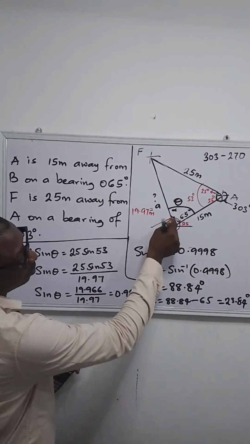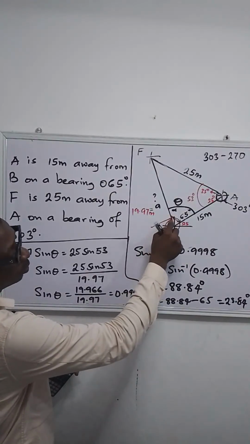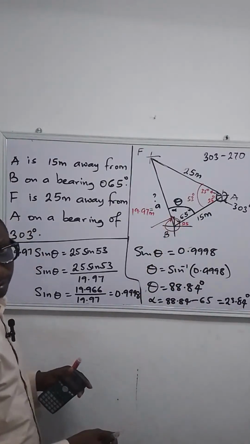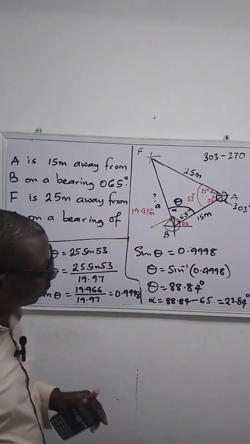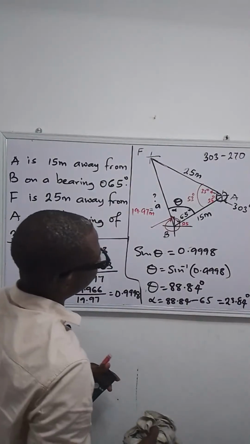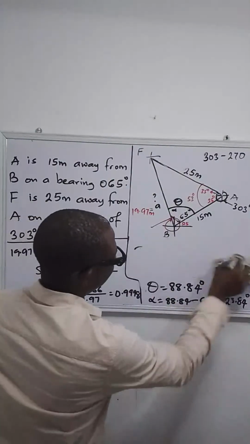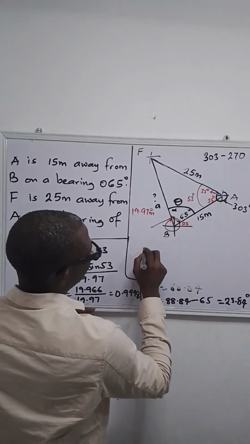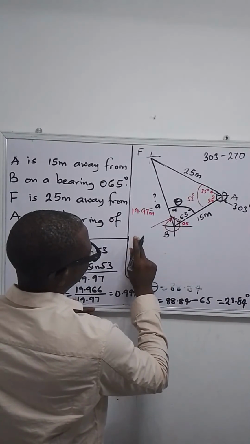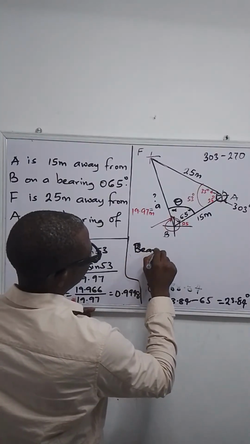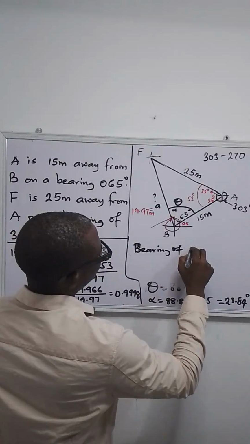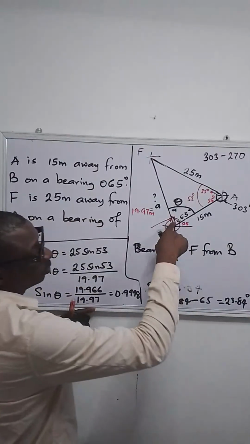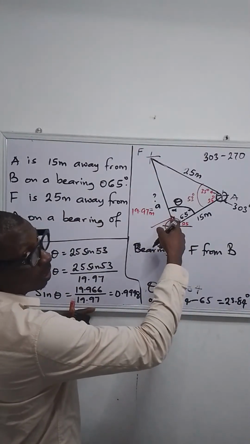Since we have gotten this small angle, to get the bearing from the North Pole down to this place, just take this away from 360. So the bearing of F from B is going to be 360 degrees minus this small angle here.